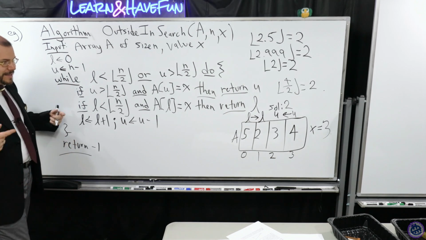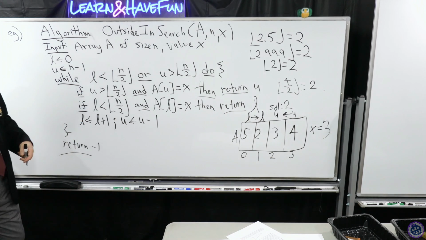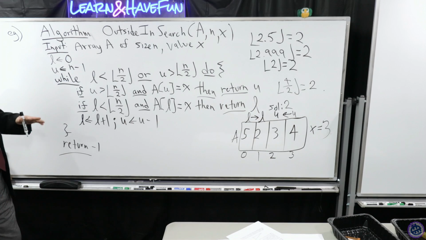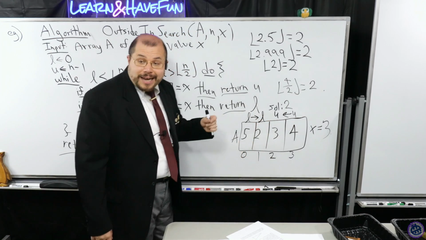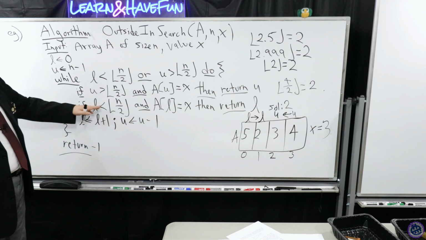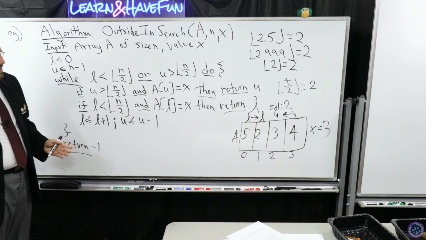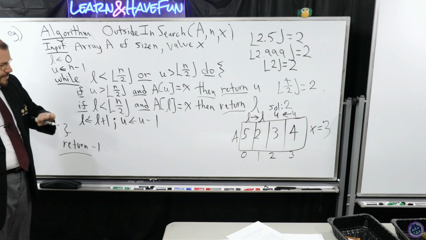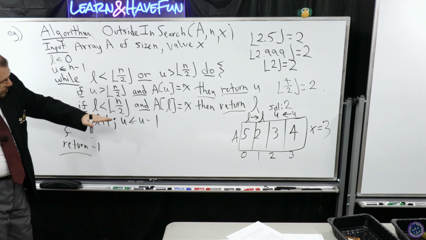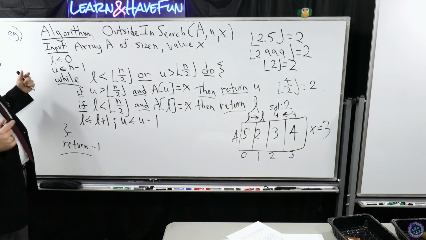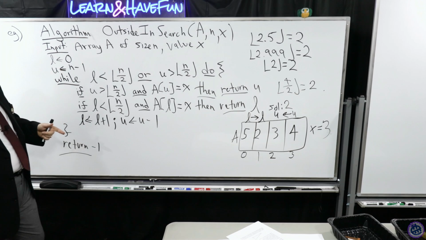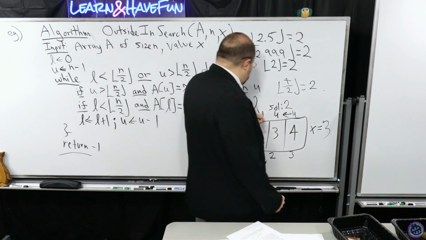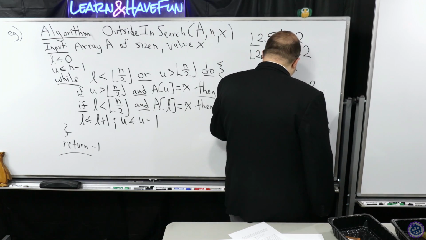Let's continue with the execution of the algorithm, now with this setting in place. So imagine L and U are in these same spots as we had before, except now, instead of it finishing here, it says, hey, look, that A sub L is not equal to x yet. So it proceeds to the next iteration by moving L and U. So L becomes 2, U becomes 1.